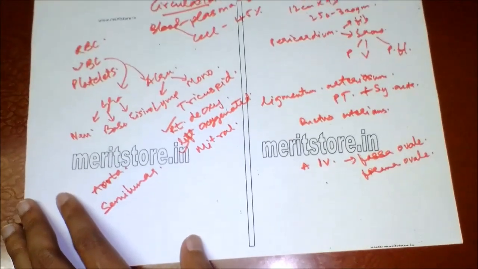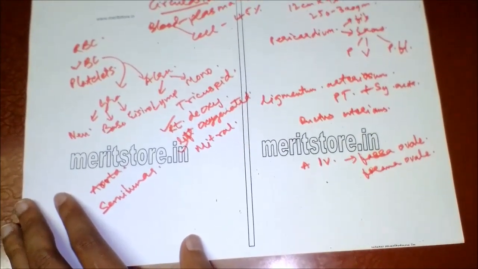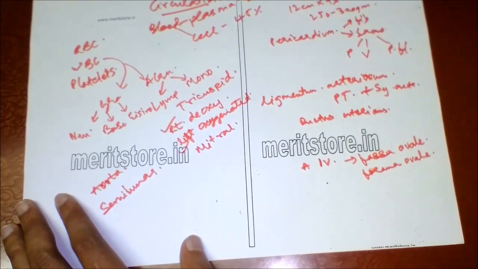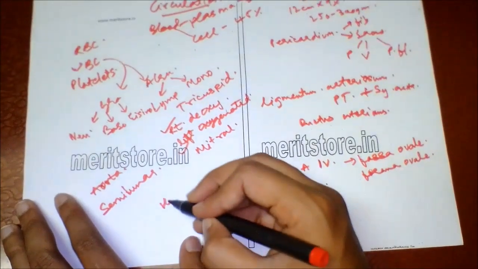The heart has rhythmic contraction and relaxation. Contraction is known as systole and relaxation is known as diastole. Then, increase in blood pressure is known as hypertension.